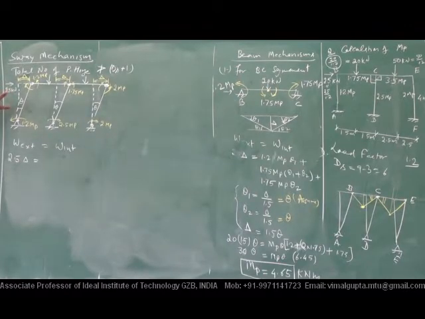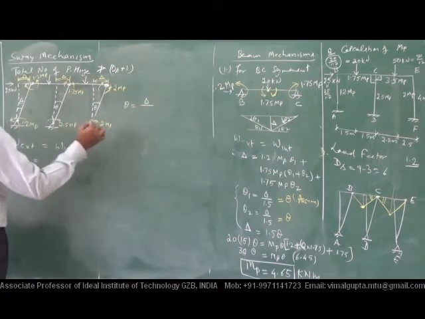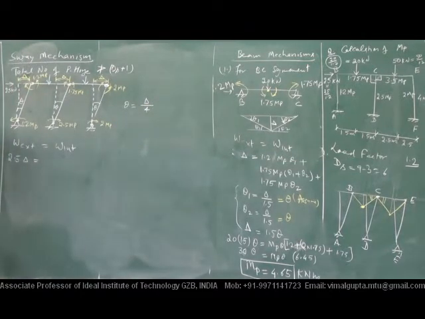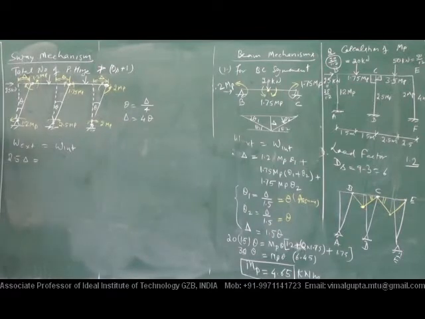If the vertical lengths are not the same, then write delta 1, delta 2, theta 1, theta 2, theta 3. And the value of theta we know very well is delta by 4, meaning delta equals 4 times theta.